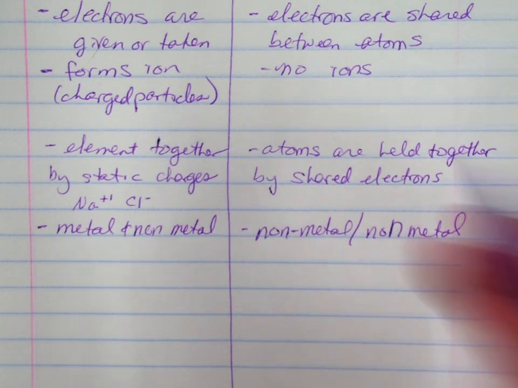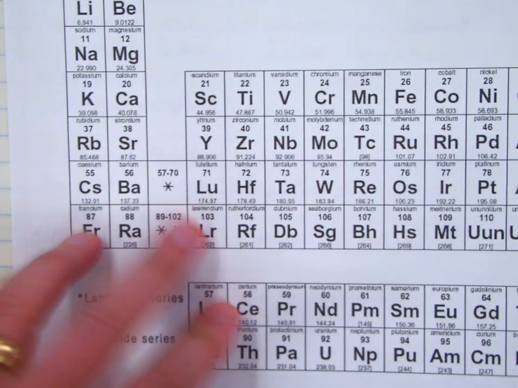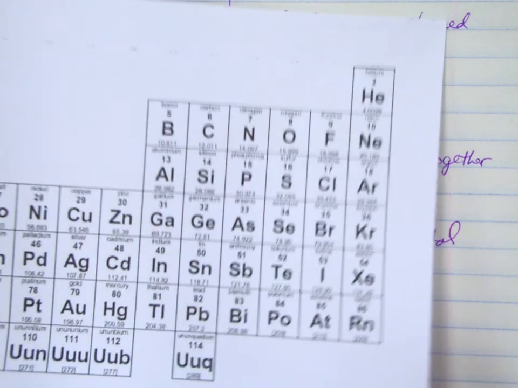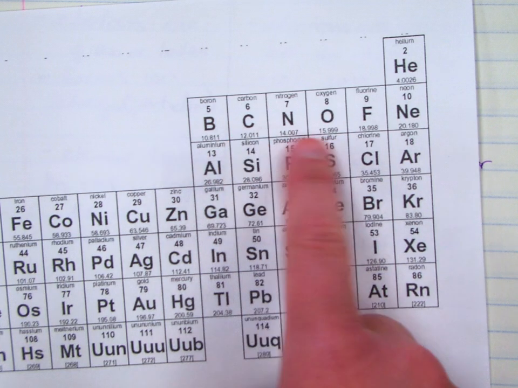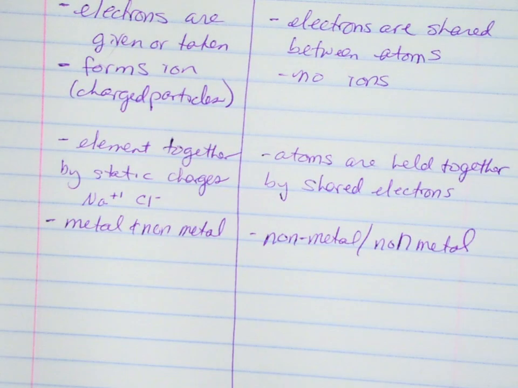So the ionic bonds are always between groups 1, 2, 3 over here, and groups 16, 17 over here. But covalent bonds are between the nonmetals. So you have carbon dioxide. That would be a covalent bond.